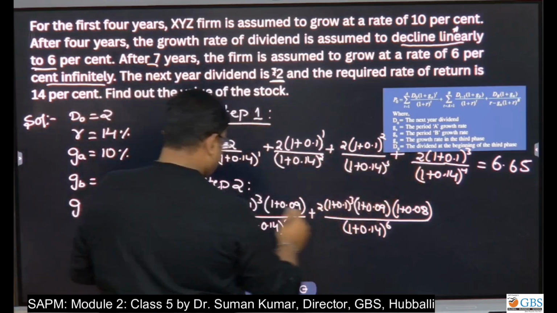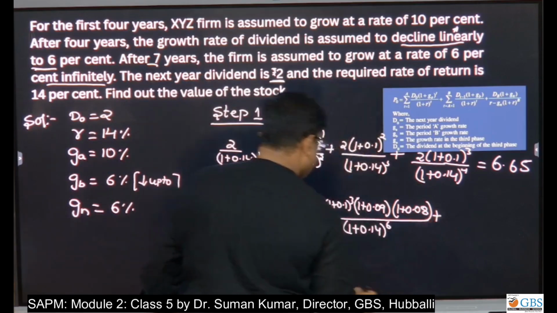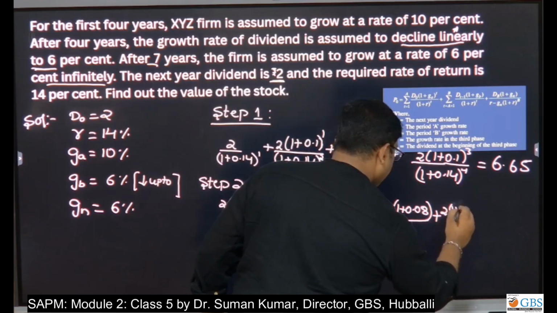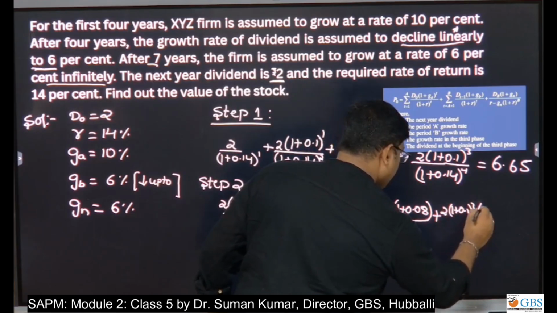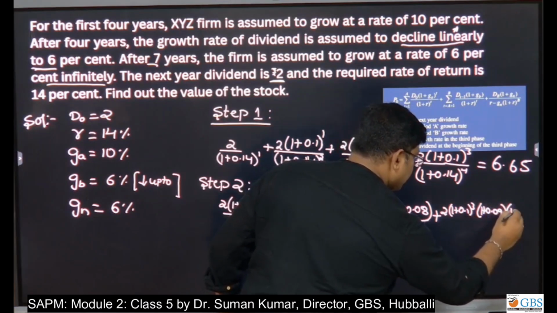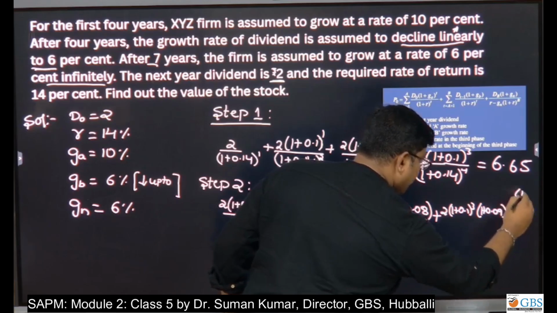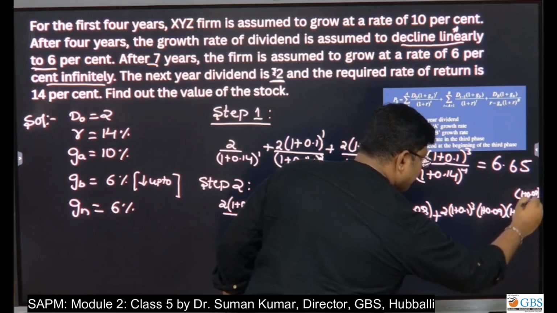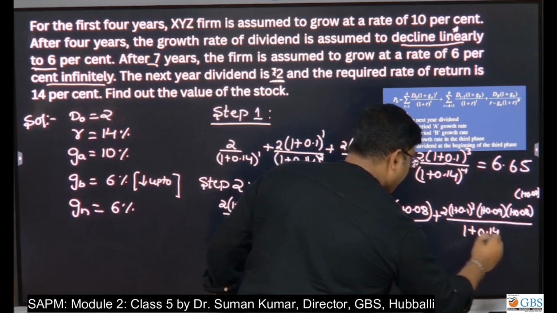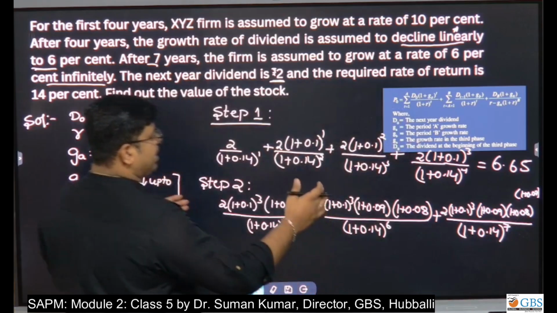This is 4 years, then this is 3 years. 2 into (1 plus 0.1) raised to 3, times (1 plus 0.09), (1 plus 0.08), into again (1 plus 0.07), whole divided by (1 plus 0.14) raised to 7. This is the second part.